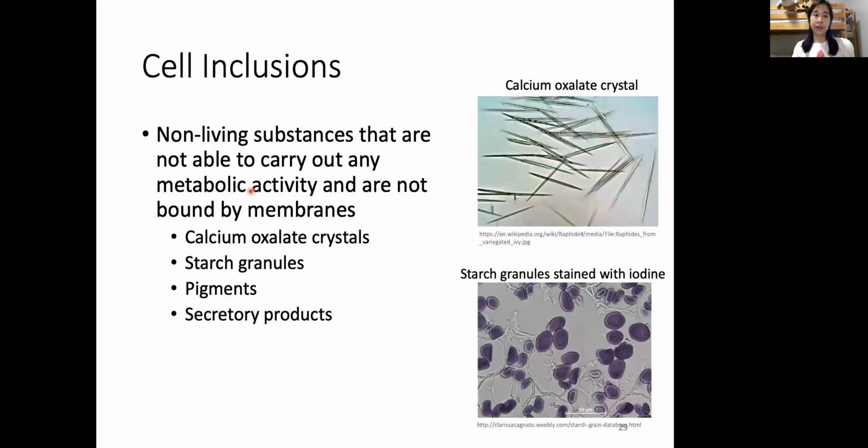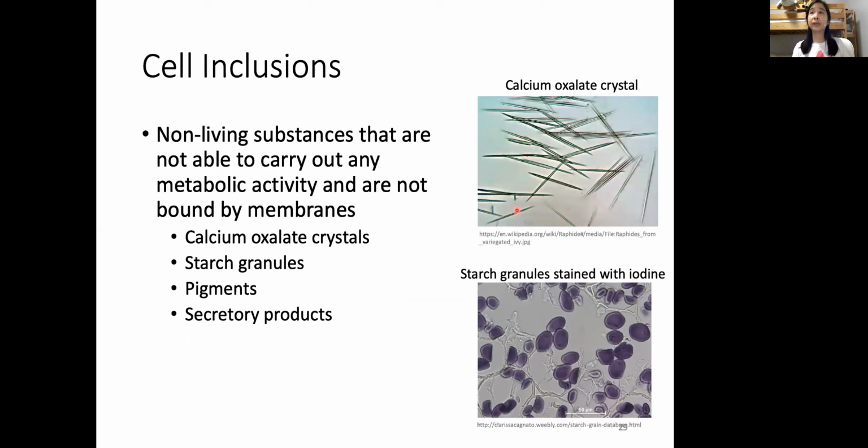All right, we finished with the component of the organelles and also the cell cycle. The next component of the cell is cell inclusion, which is the non-living substance that is not able to carry out any metabolic activity and is not bound by membranes. Examples of that are calcium oxalate crystal.